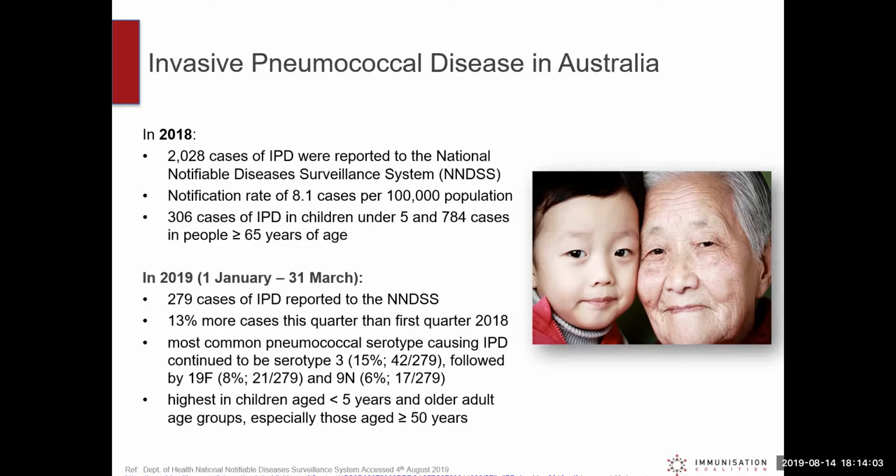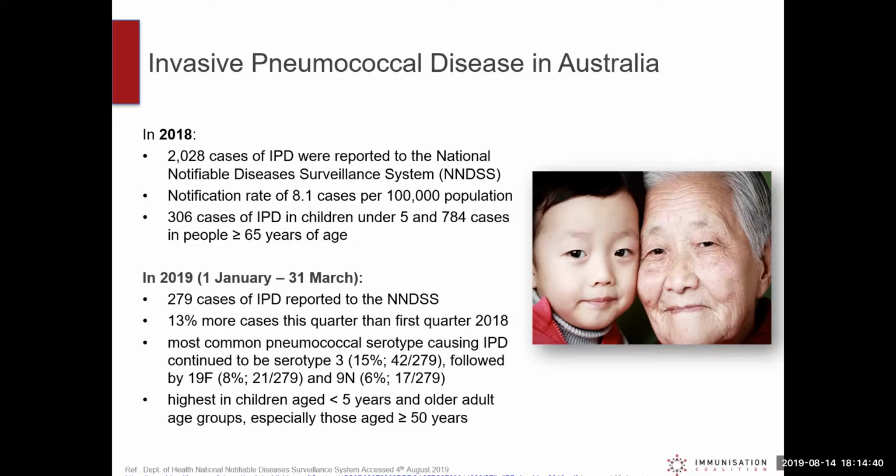It is a disease of younger children and the elderly in the majority of instances. We will talk about people with medical risk factors down the track, so individuals between 5 years of age and 65. If they have medical risk factors, then certainly that will increase their risk of invasive pneumococcal disease. But generally young children particularly, and the elderly are at most risk.